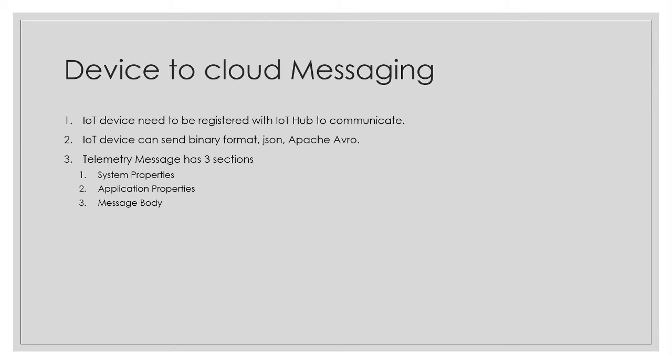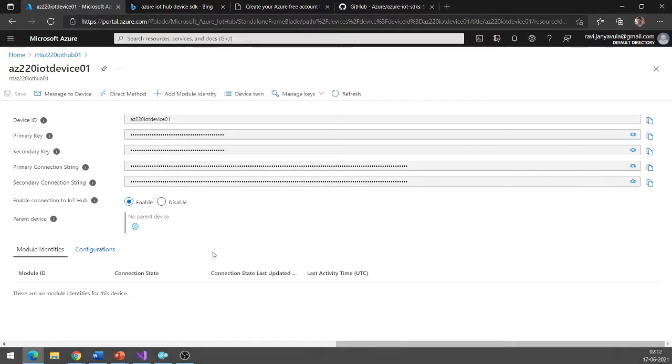And finally, we have the message body. This contains the main content of the message, what we are trying to send to the Azure IoT hub from the device level. Here we are again free to send any binary data. However, it is better to send JSON data so that it is readable. And if human readability is not a concern, you can even send Apache Avro format.